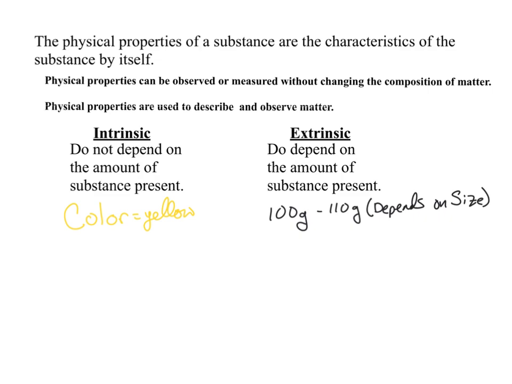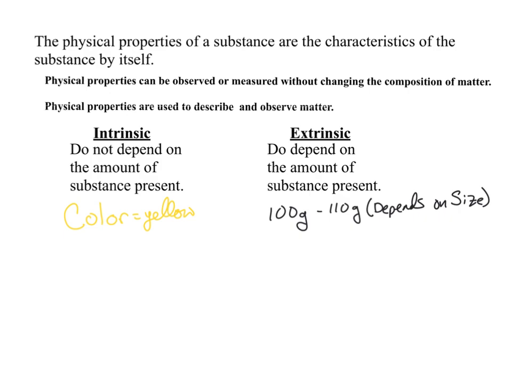So just to let you know, I will not be asking you about this on the exam, so I won't ask you, is this an intrinsic or an extrinsic property? It's just helpful to know about it so that you realize that sometimes it does vary dependent upon how much there is, and yet it is still a physical property. Notice that as we measured or observed these physical properties, we did not in any way alter the basic nature of the substance.